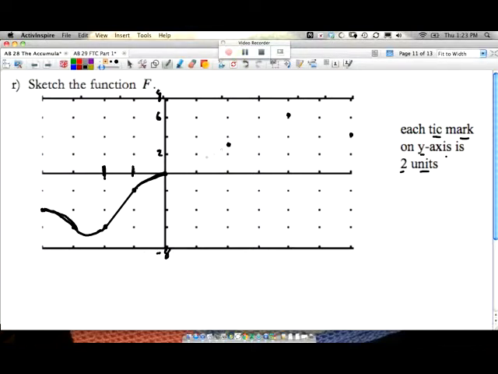And then from 0 to 2, we have a positive concavity. Let's take that back a little bit here. There we go. And then from 2 to 4, we have a negative concavity, and from 4 to 6, we still have a negative concavity. So there's our line. That's it. Check. Done. Happy. Move on.